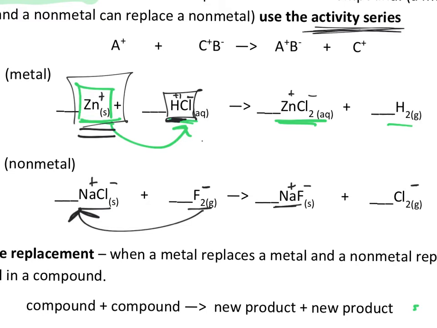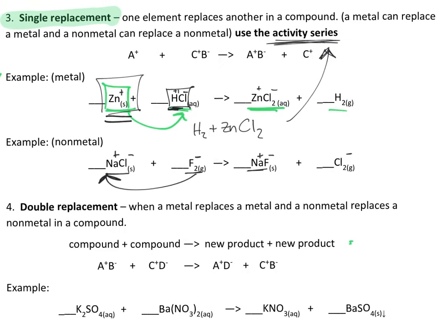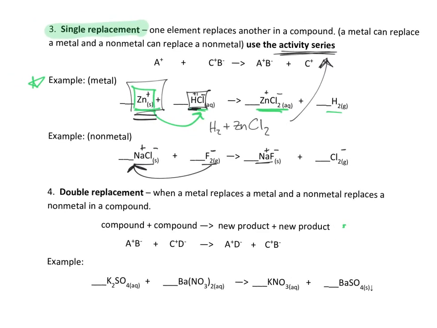But if you started off with hydrogen alone and tried to get hydrogen to break up zinc and chlorine, hydrogen wouldn't be able to do it because it's not more attractive than zinc. And again, that list is in the activity series. Now, with nonmetals, it's not quite so simple. You don't have a straightforward list.